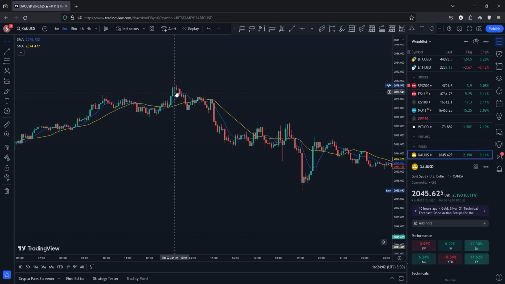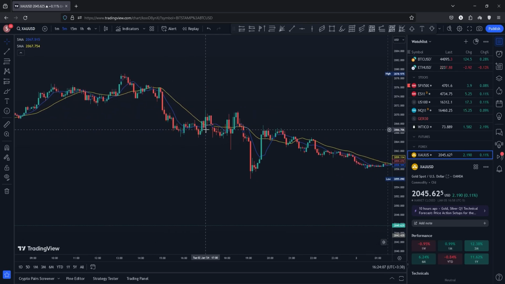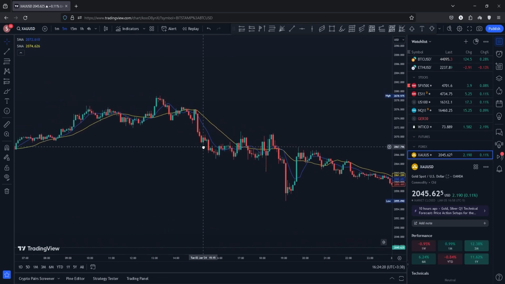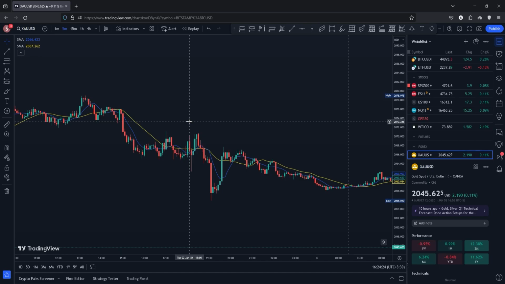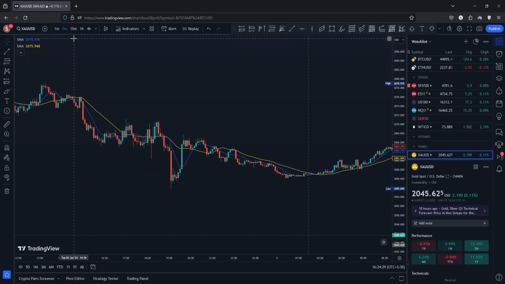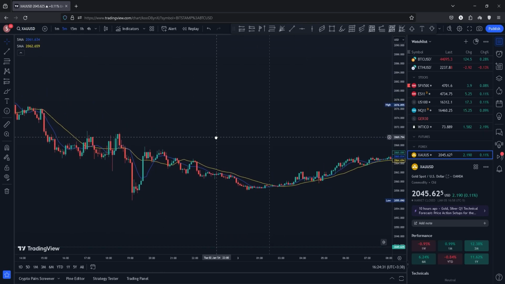It's not good, it's not a good trade. 2, 3, 4, 5: five of your trades are failures. After that, you have 1, 2 trades. It's not good for trading. So for the 5-minute time frame, the moving average is not good.